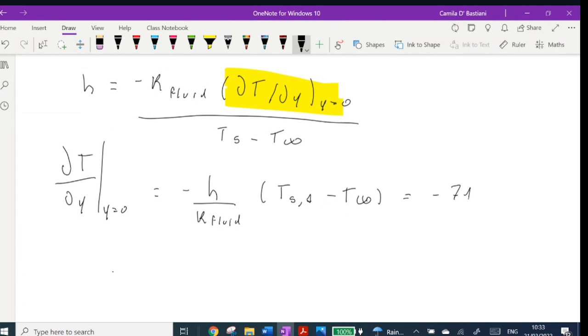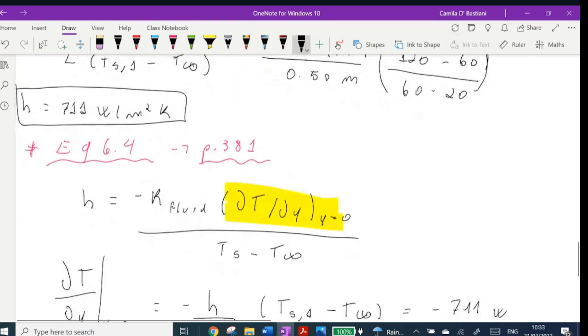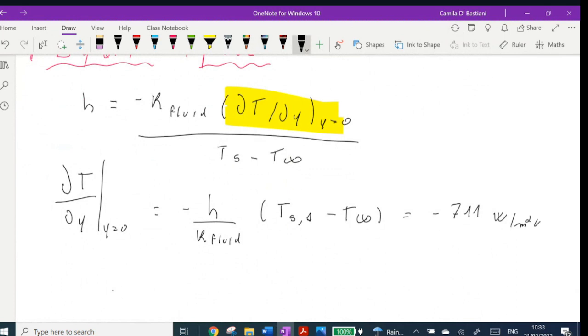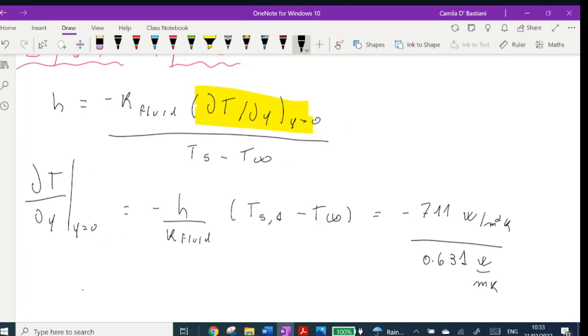Minus 711 watts per meter square Kelvin, divided by my k of the fluid, 0.631 watts per meter Kelvin.